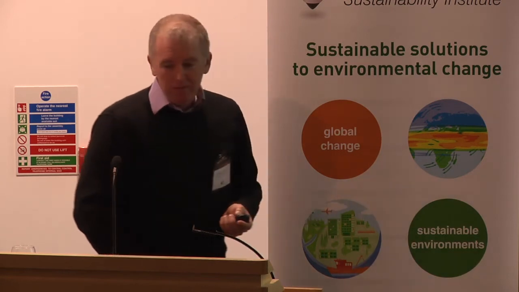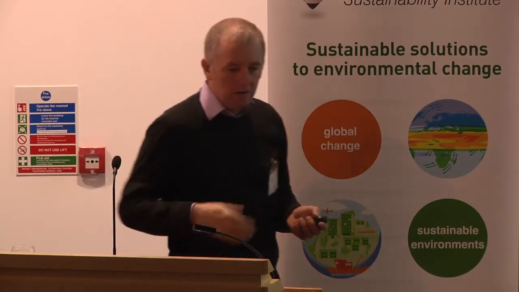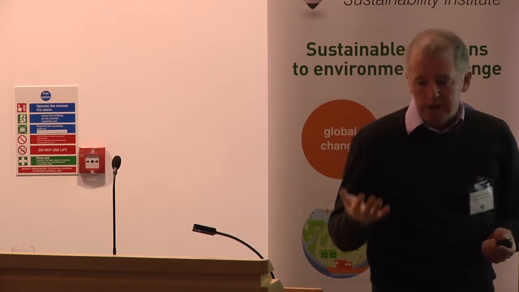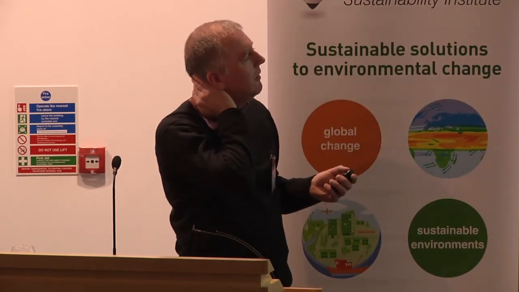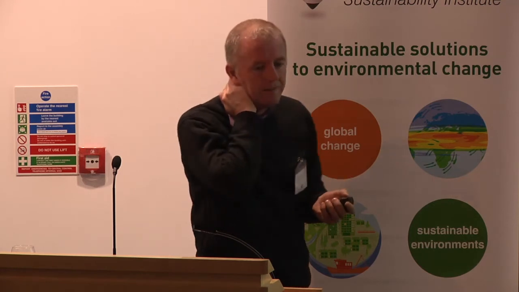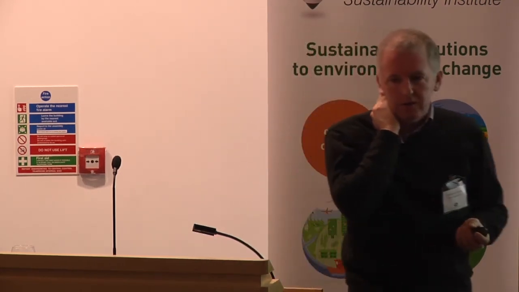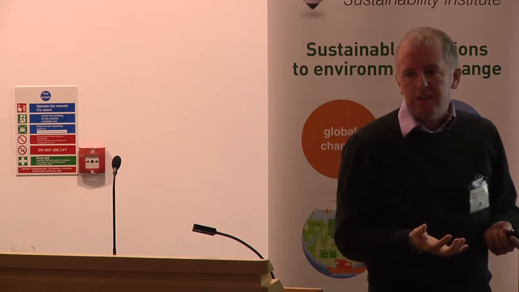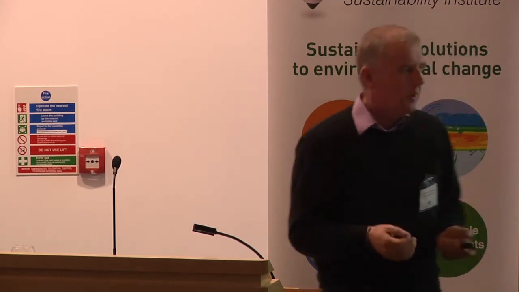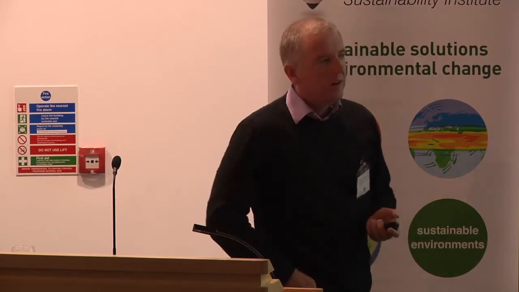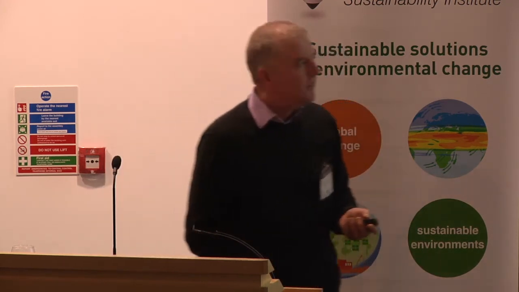Right, back to GM. So if you can do all that without GM, why do we need GM or GMOs? So it's fine if the variation that you're interested in is present in that species that you're interested in. But often, and it's not a surprise if life has been evolving on Earth for about 4 billion years, some of that interesting variation is not in the species that you want, but it's in another species.